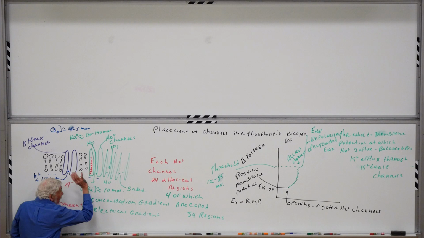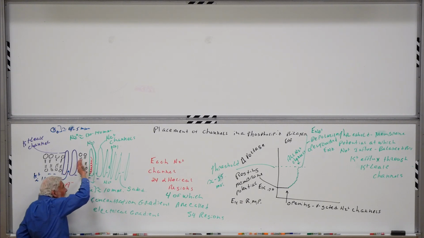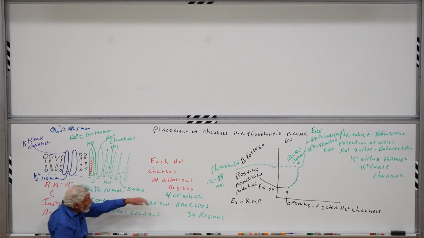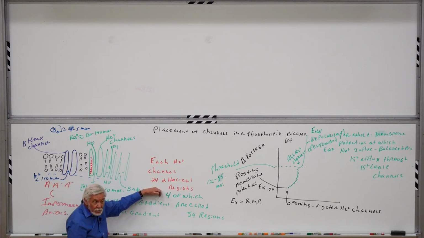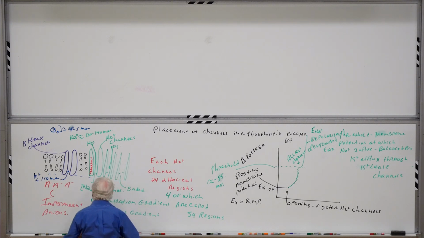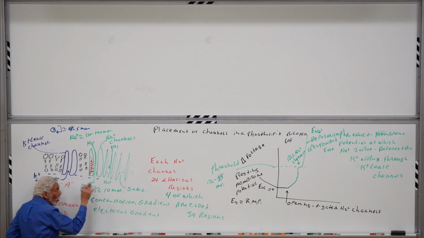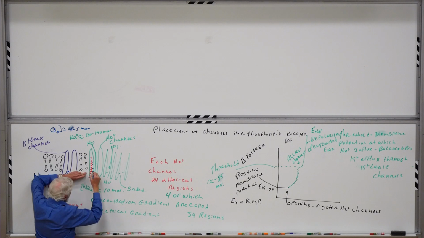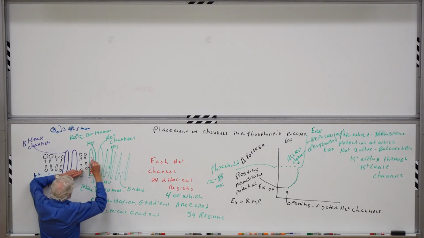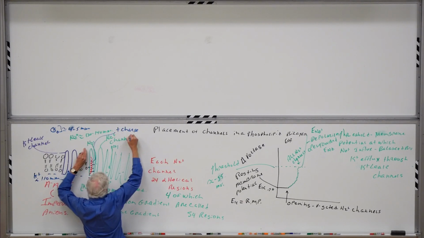So placed in the transmembrane protein around the channel are these 4 alpha helical regions. What's interesting about them is that they have R groups on them, and these R groups are charged. So they may be positively charged. Let me label this as positively charged R groups.